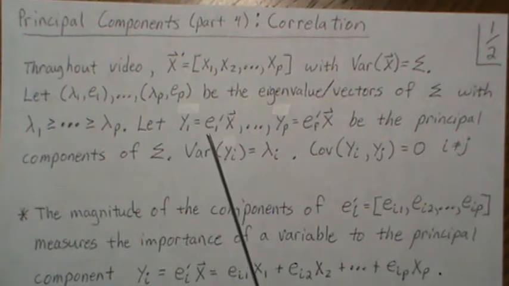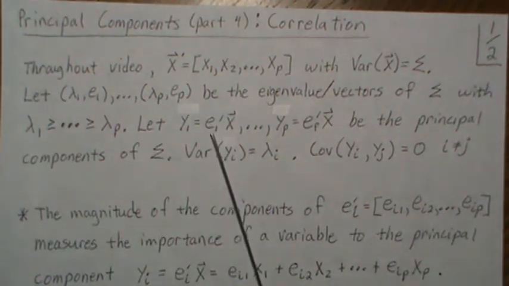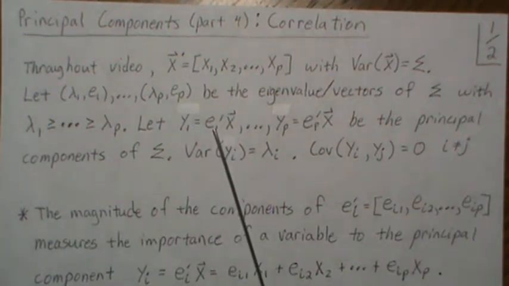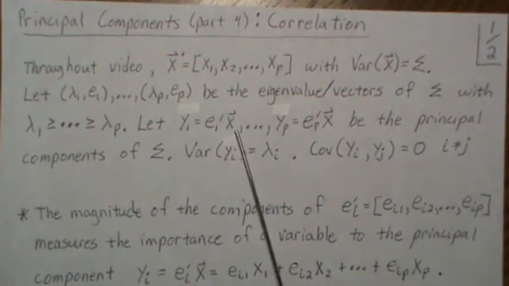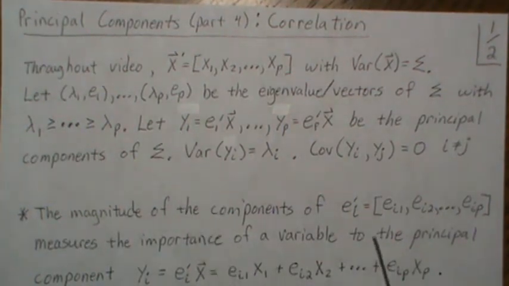And this eigenvector is normalized, so it has a length of 1. But what that does is it helps us know the bigger in magnitude these are in absolute value, the more important that variable is in contributing to that principal component.